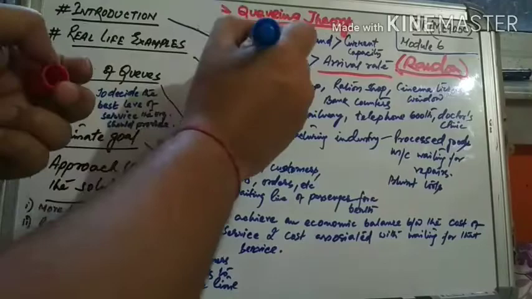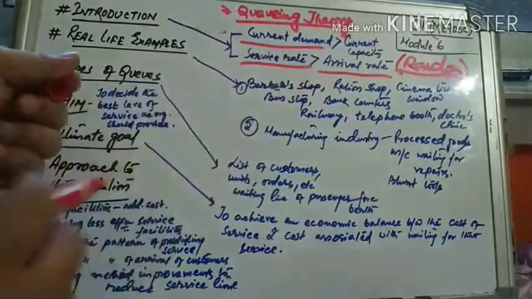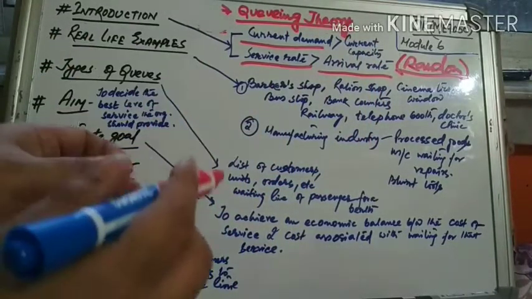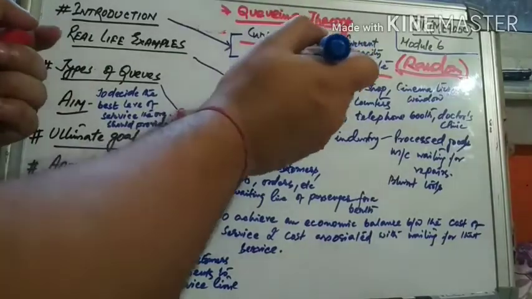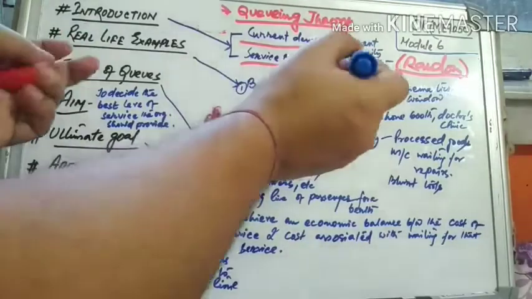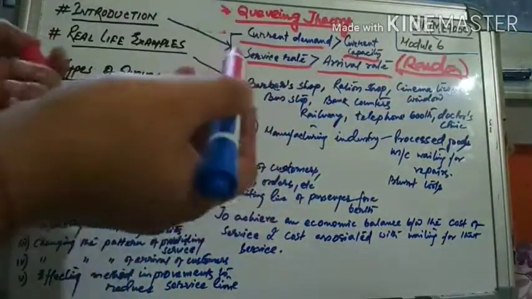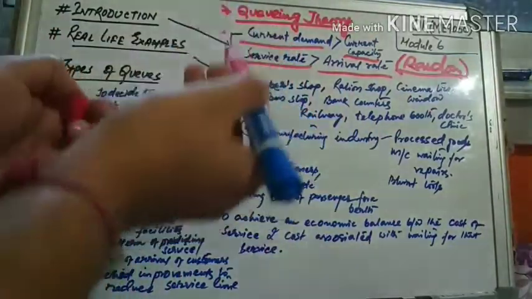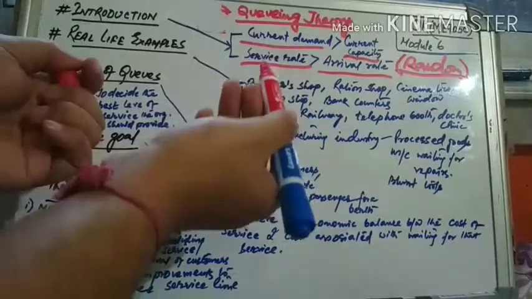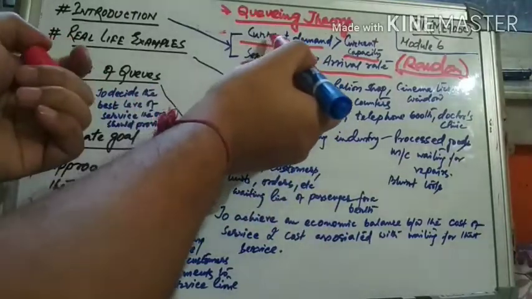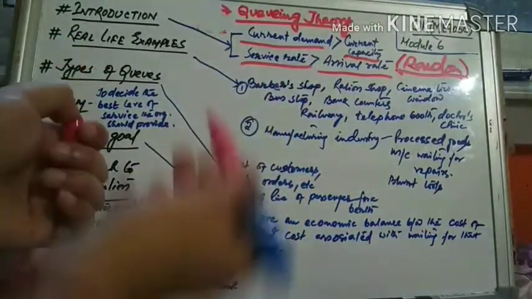So there are mainly two reasons behind the formation of a queue. One, the current demand exceeds the capacity, where capacity here means the service. We are not able to provide service according to the current demand. Then the queue is formed.